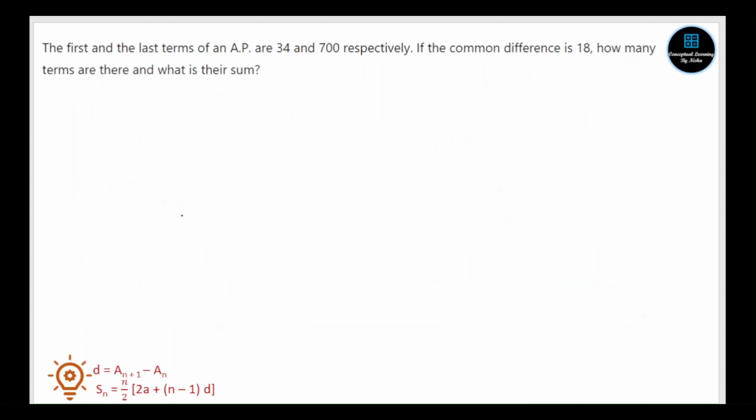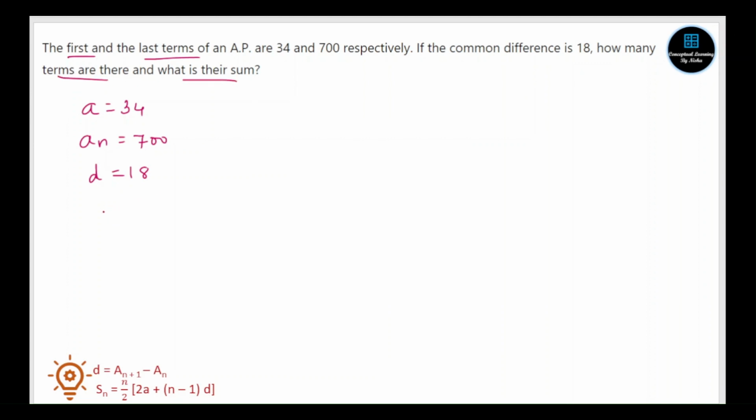Now, the first and the last terms of an AP are given. So a equals 34 and an equals 700. If the common difference is 18, so d is also given, d equals 18, how many terms are there? So we have to find n and their sum.